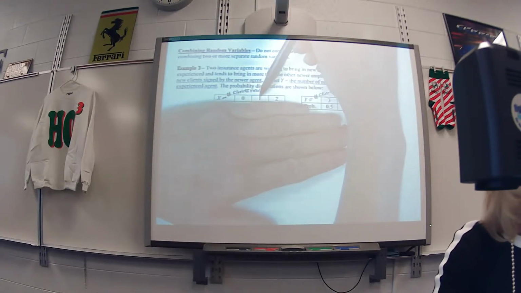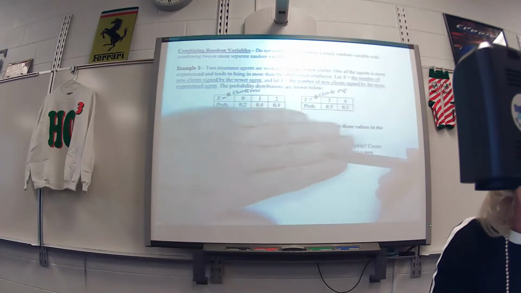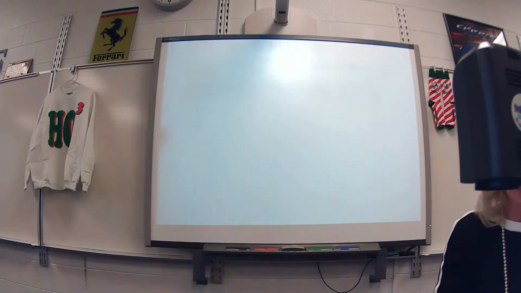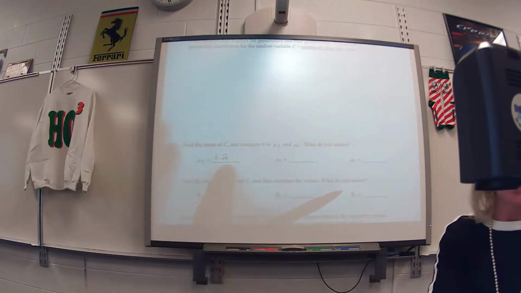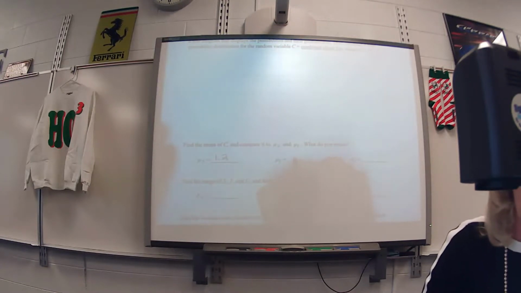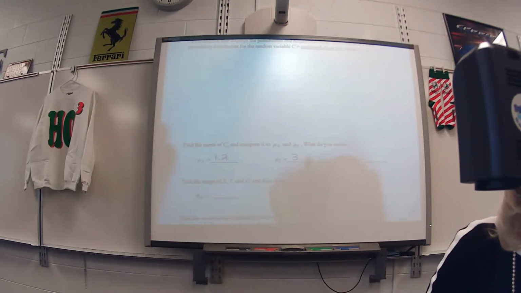So if the probabilities were equally balanced, the mean would have been 1, but because there was more probability off to the larger side, that's what brought it up to 1.2. The mean for Y, like I said, is pretty basic. It's right in between 3 and 4, 3.5.